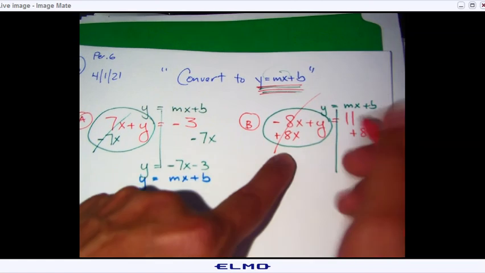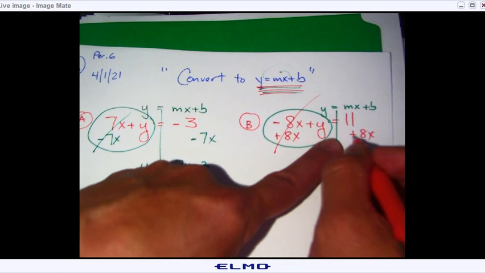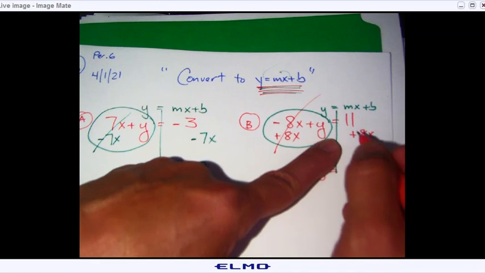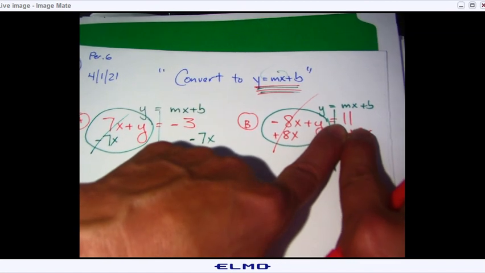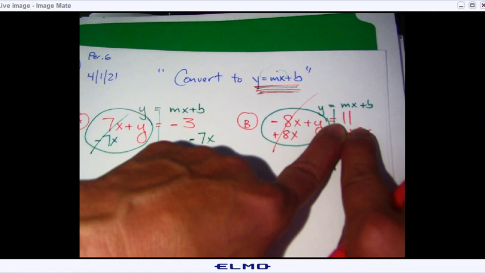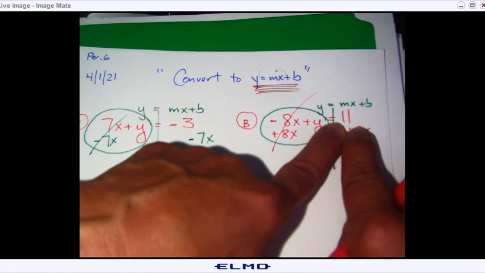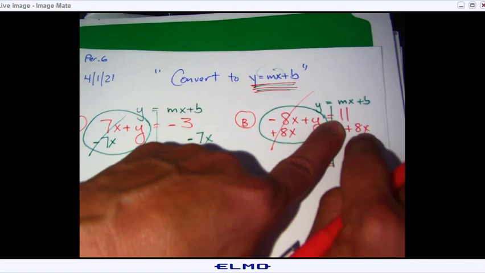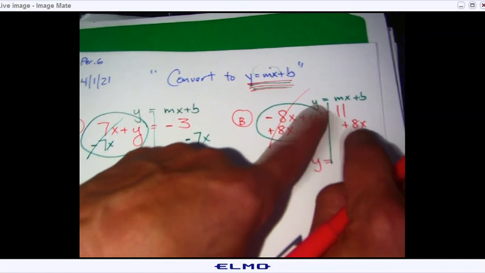All right, so what comes down? The y equals, now remember, it's not 19x. Do not make that mistake, because the 11 is a constant. It doesn't have a variable attached. And the 8x has a variable, so you cannot add them.